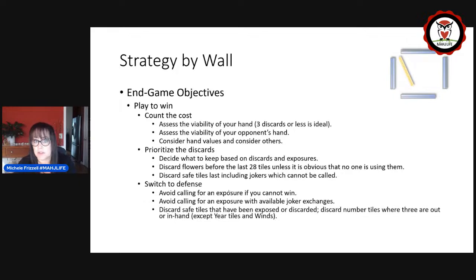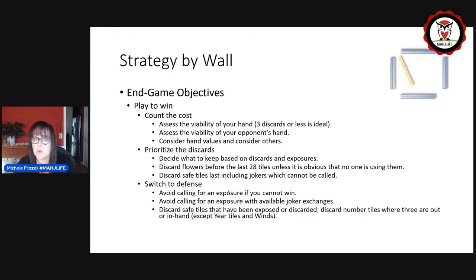And also, especially if you're going to expose a joker, you want to try not to give any opportunity for anyone to do a joker exchange in the end game, especially if you switch to defense. Just discard as safely as possible.